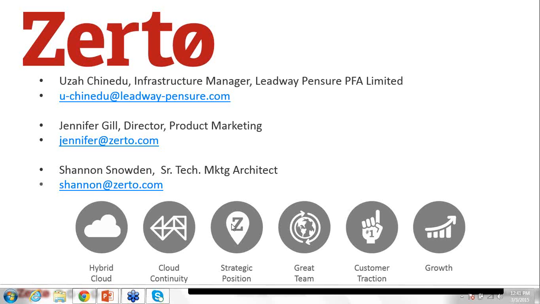Okay, Uzah, it looks like a follow-up to that is how is the data consistency? We've not had any issue, we've not had any experience of having challenges with that. Everything has worked so far so good at our recovery sites whenever we carry out our tests. Yeah, and that's the nature of the virtual protection group.